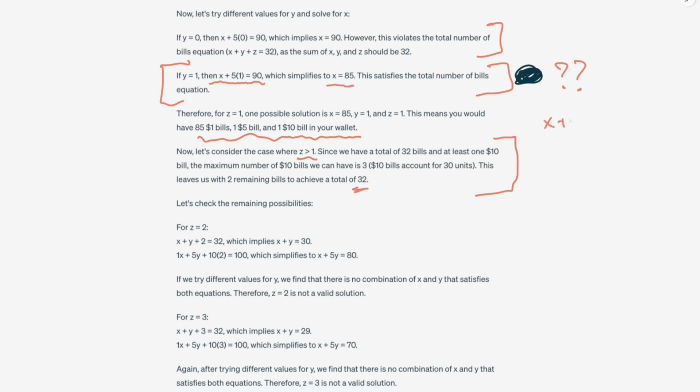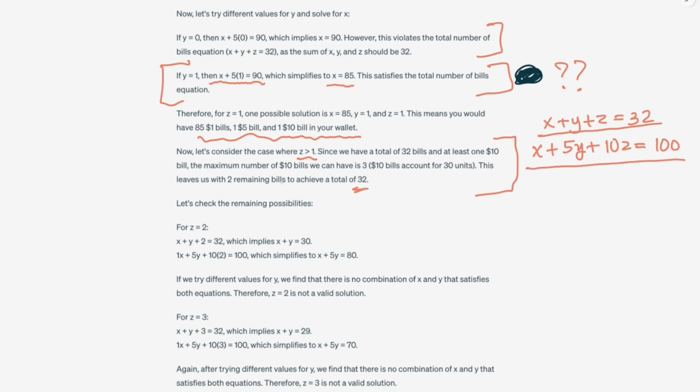We know that x plus y plus z equals 32, and we know that x plus 5y plus 10z equals 100. These are the two equations we have to solve. But he seems to, this is for the total number of bills, and this is for the total value of those bills.